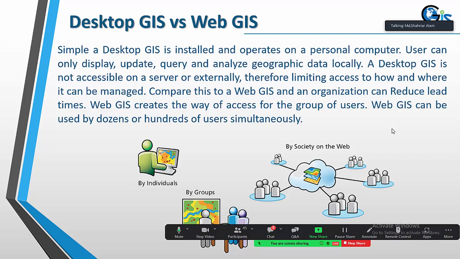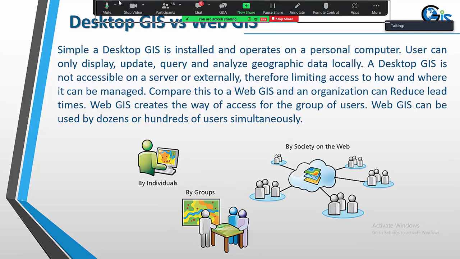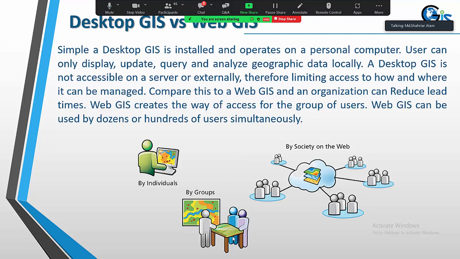WebGIS creates the way of access for a group of users. WebGIS can be used by dozens or hundreds of users simultaneously. Say, in my previous lecture, I already said, in your desktop GIS work, if you create your GIS project individually and want to share it with a group of people, what do you need to do?